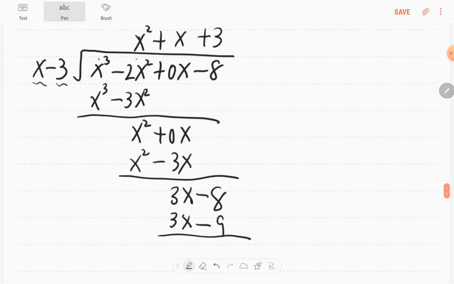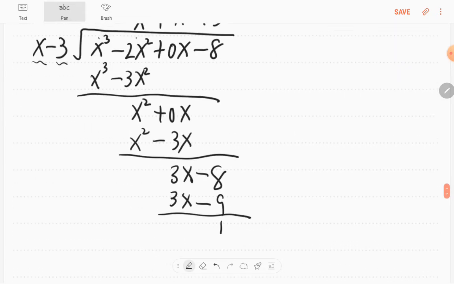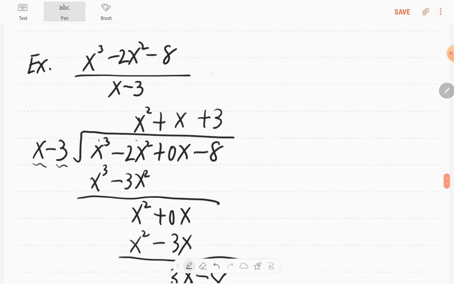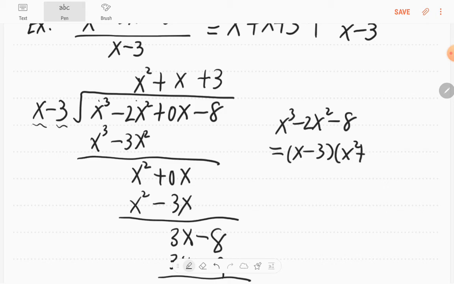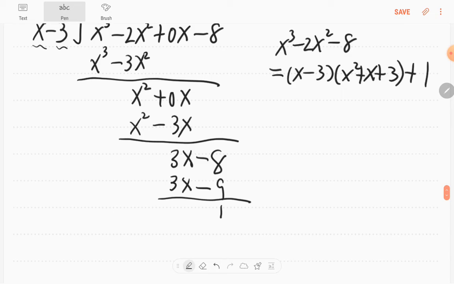The difference is equal to 1, right? So this is equal to x squared plus x plus 3 plus 1 remainder over x minus 3. Or you can write x cubed minus 2x squared minus 8 equals x minus 3 times x squared plus x plus 3, then plus 1. The remainder is 1.